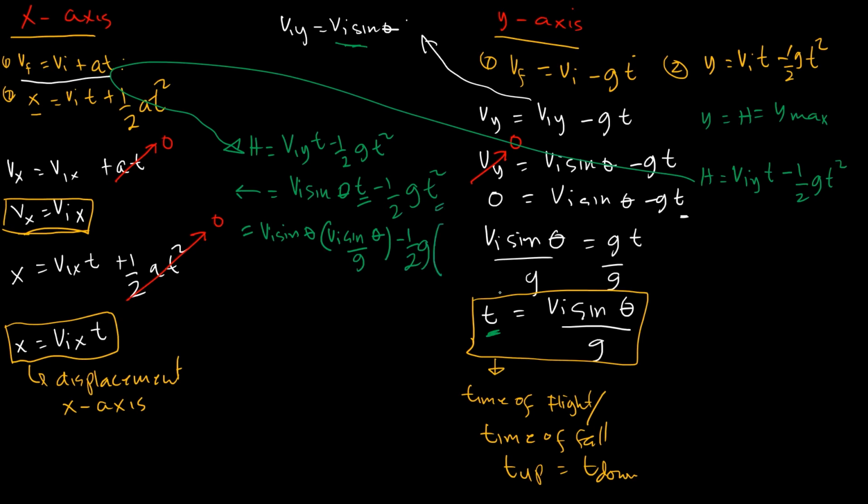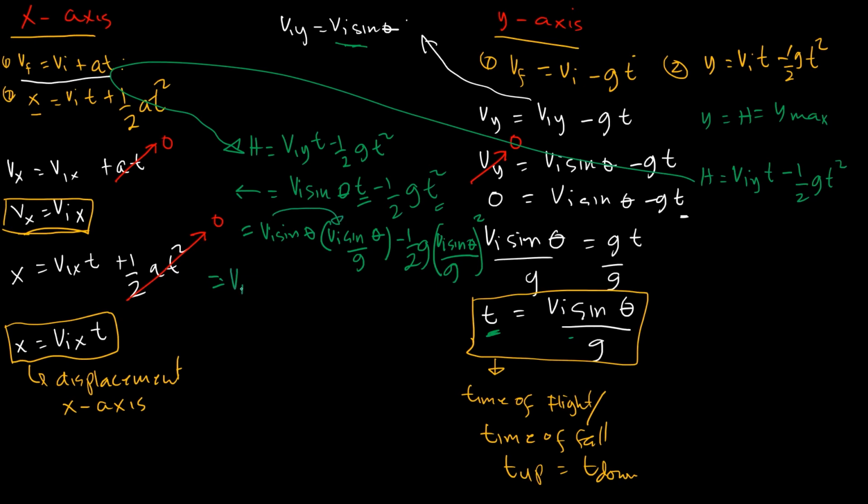Now time here is also equivalent to time there, so this is v sine theta over g, all squared. So we multiply this one to that term here.